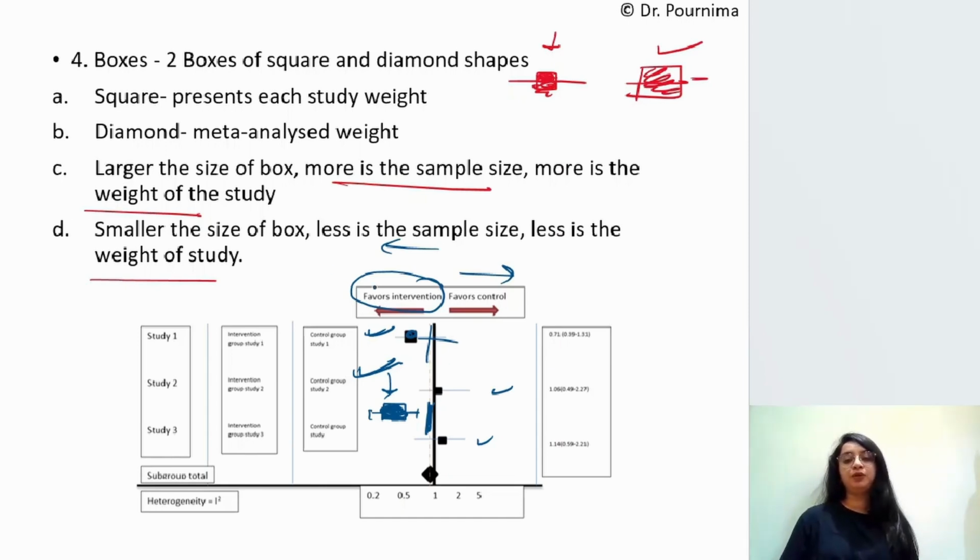Then you will get into the habit of learning it. Now, if you have one like this here, that means this study is favoring the control group. That is, the intervention is not very effective. So this is how we interpret and get information from this one single forest plot, which is very effective in giving us a summary of the data.